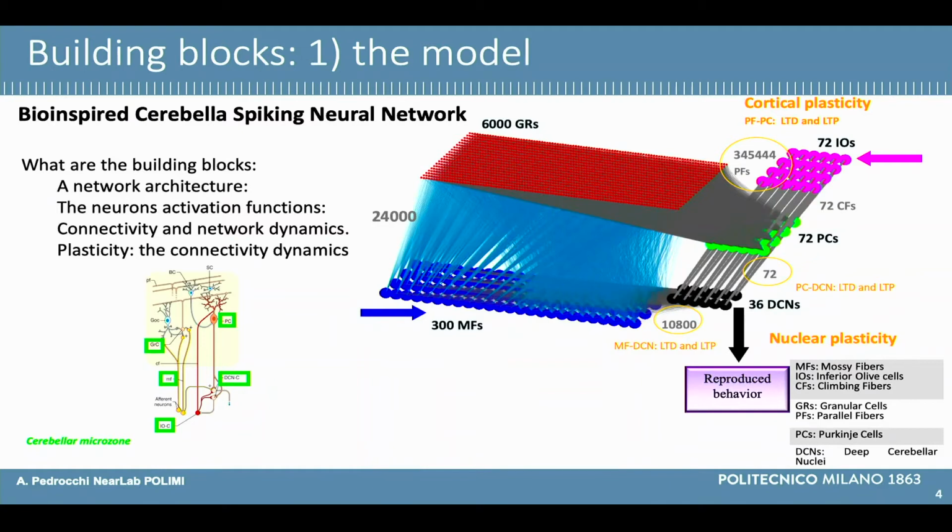The loop we are using is the one starting from cell recording and going to the behavior as an emerging property. So our building blocks start from the model, and the model is defined by the architecture of the networks, the single neuron activation functions, the connectivity between the different populations of neurons, and then the plasticity rules among the different connections.